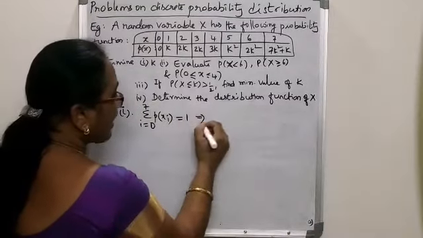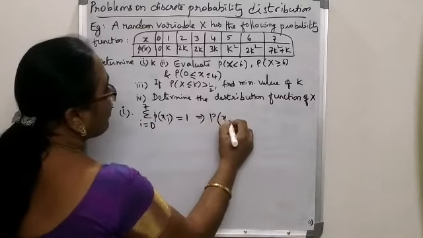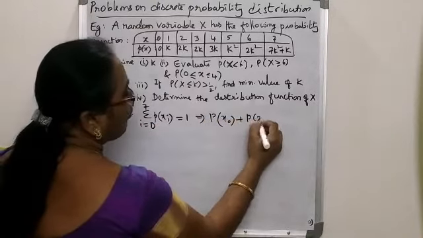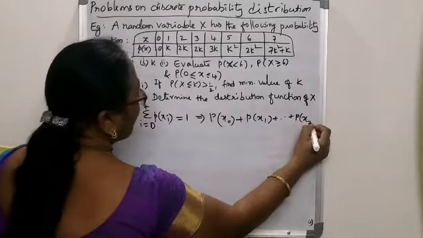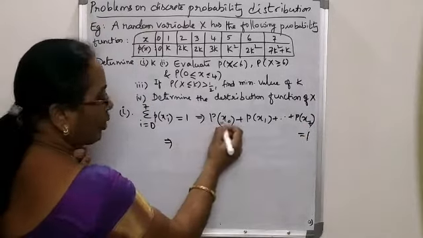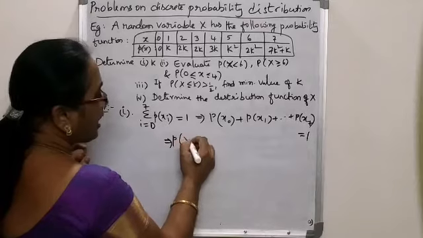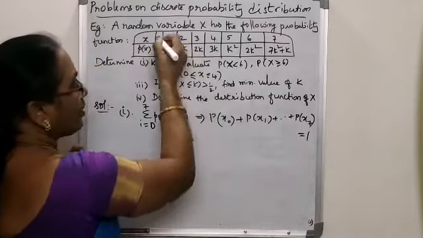So what does this imply? Summation p of xi implies p of x0, p of x1 and so on plus p of x7 is equal to 1. What is your p of x0? It is the probability that the random variable x is equal to x0, where x0 is equal to 0.